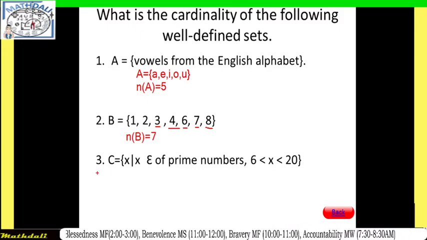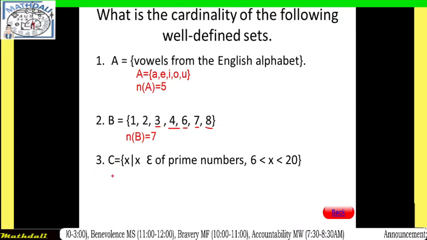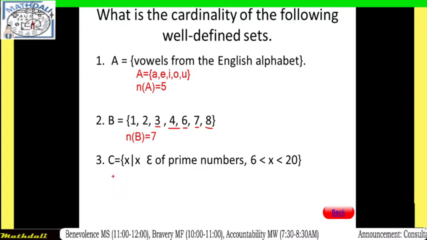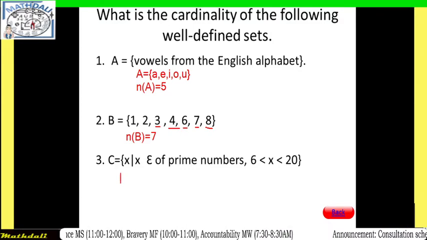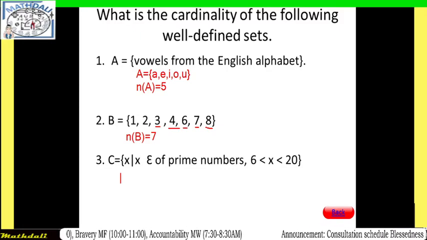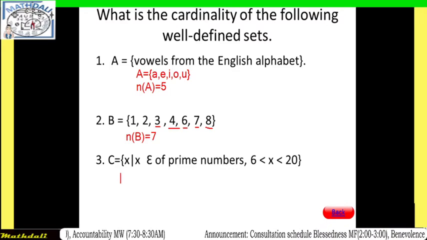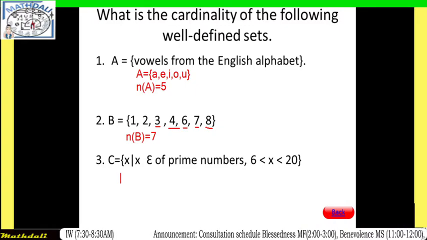Next, let us have set C. So this given set is written or illustrated in a set builder notation. So mas madaling alamin kung ilang element or object meron yung set kung yan ay naka-set builder notation. So ang gagawin natin, illustrate muna natin siya into a roster form.